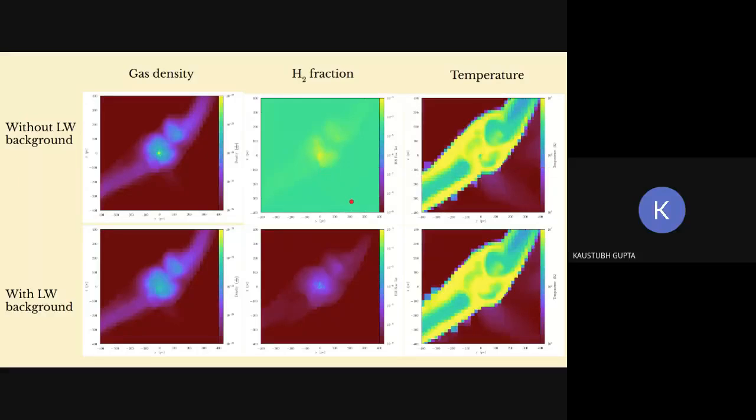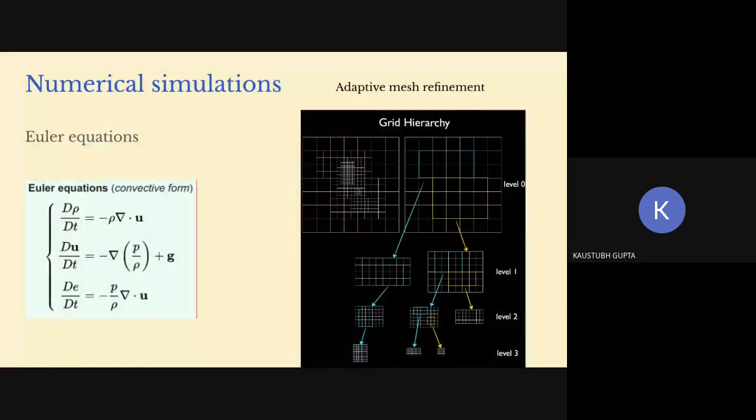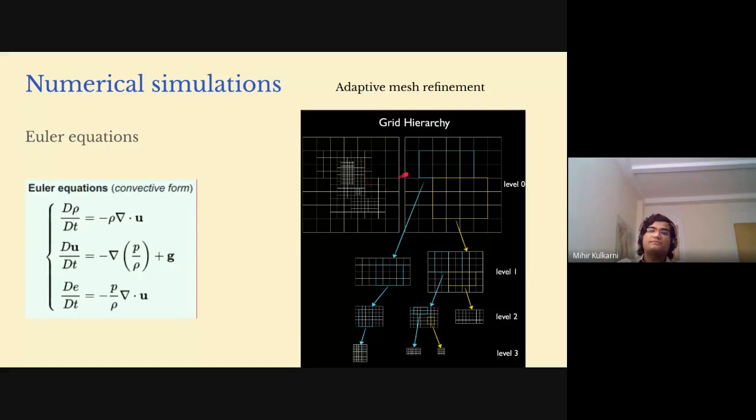Sorry, can you explain what exactly is the grid? I'm sorry if I didn't get what the grid means. Yes. Okay. So you need to solve this equation. You have a cell in your simulation, and each cell would have all the physical quantities associated with it. For example, each cell would have certain density, certain pressure, certain temperature associated with it, and you can just evolve it with time.